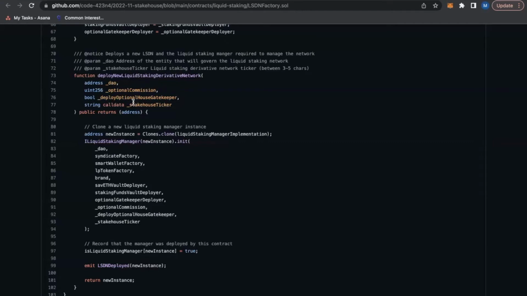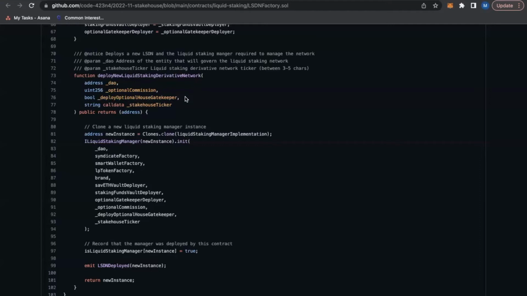Then there's this optional house gatekeeper. This is what I was referring to when I said that a DAO or any group who wants to have a close-knit community of node runners can have this. What house gatekeeping does is it will only allow a certain group of node runners that it wants.